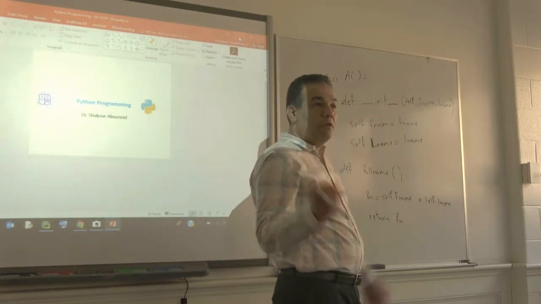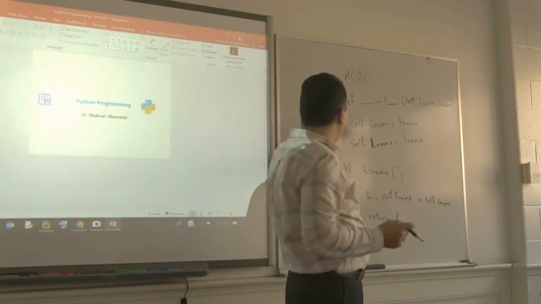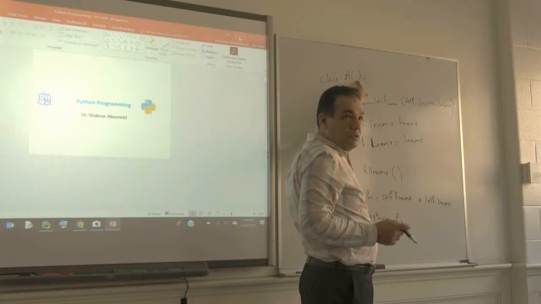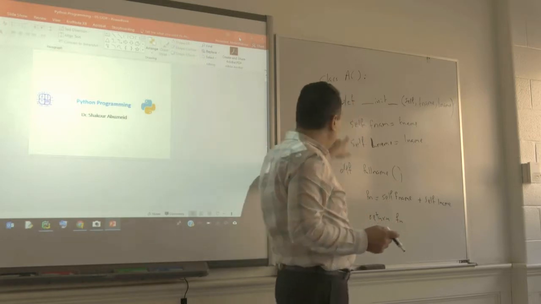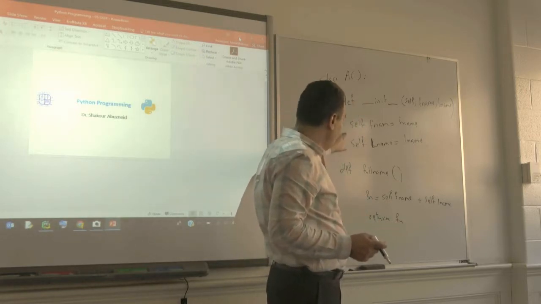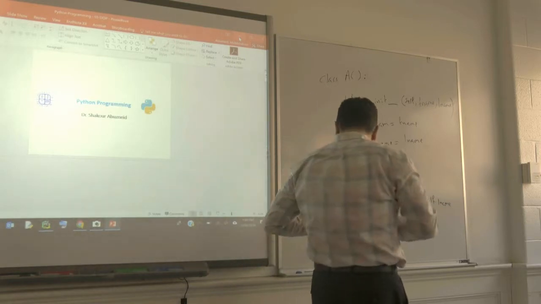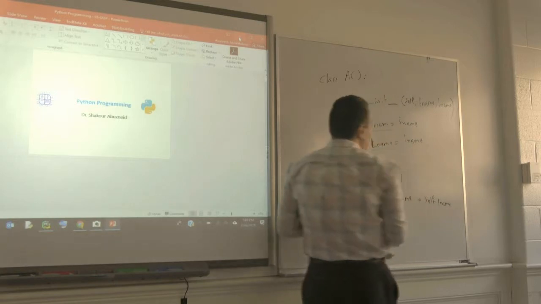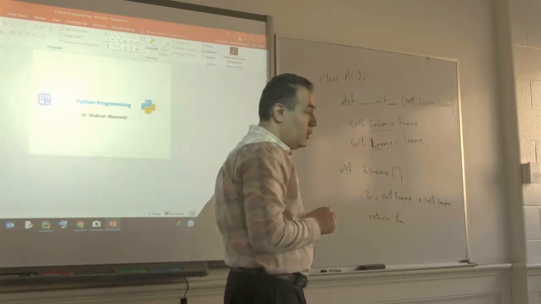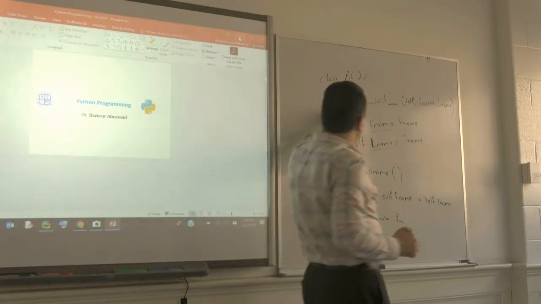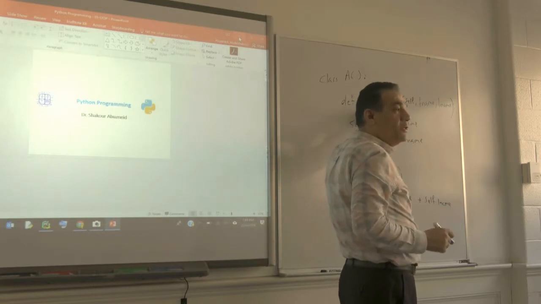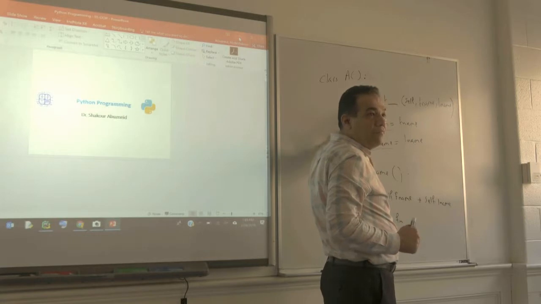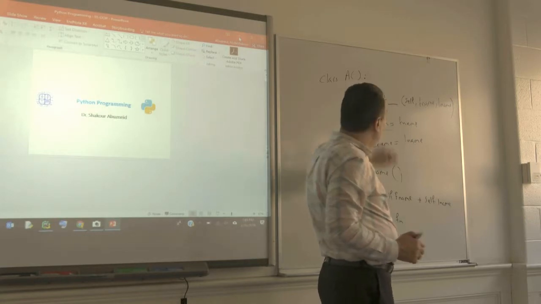So this is a very simple class. The name of the class is A. It is inherited from object, and it has two attributes: the first name and the last name. This __init__ is a constructor. That's how the constructor constructs the object.